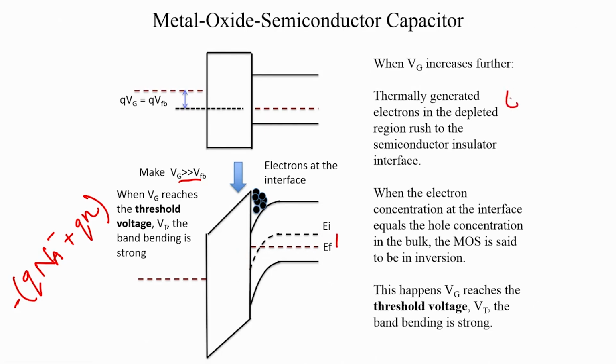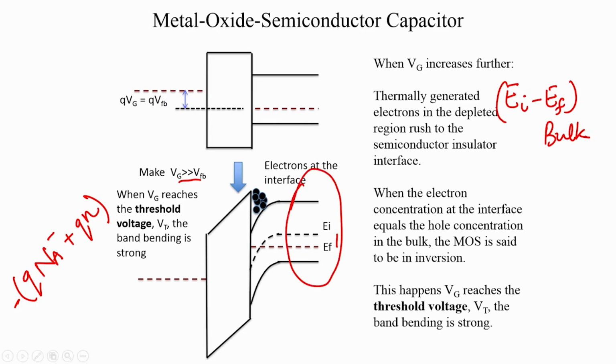Let us say Ei minus Ef in the bulk of the semiconductor. Bulk means very far from the interface. This region here knows nothing about the junction formation; it is the semiconductor as it was. So, you have the Fermi level there, the valence band there, and the conduction band there. There are two dashed lines, but the black one, if you can see it, is Ei.